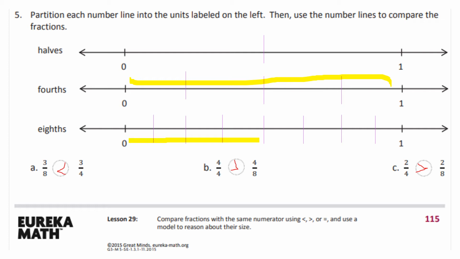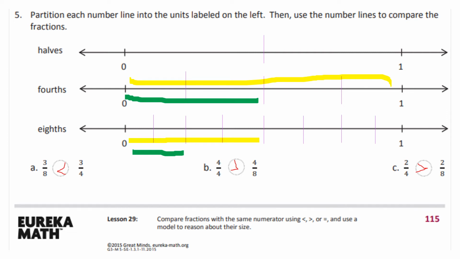So here's 2/4, and here is 2/8. So again, 2/4 is greater than 2/8. And as we've said before, we want to think of these little greater than, less than symbols as the hungry alligator who wants to have the bigger piece of cake or pizza or food.